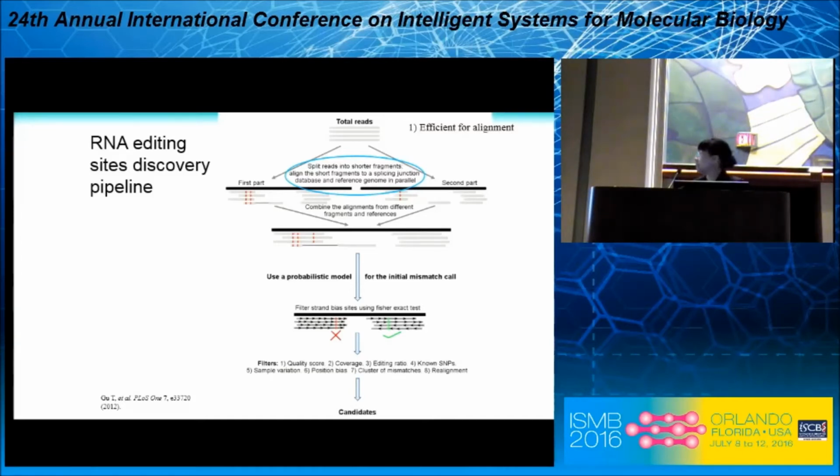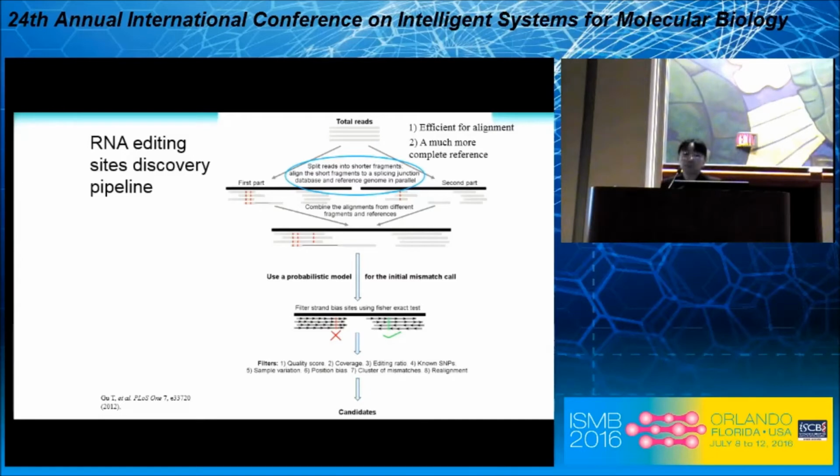And the splicing junction database contains all combinations of each two known exons. So it can supply a relatively complete reference for the reads to align to, so you can carefully do the alignment. After the initial call, there are still many errors, as I showed in the previous slides.